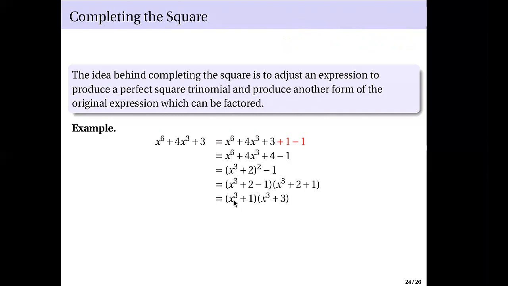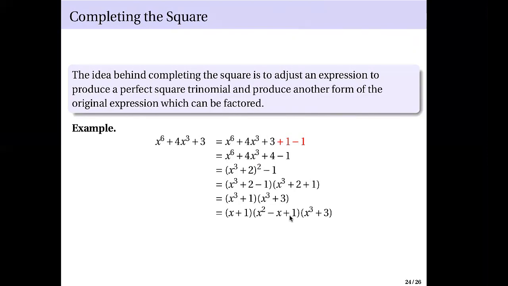Now, if you are familiar with this, x cubed plus 1 is a sum of two cubes, x cubed plus 1 cubed, which means you can still factor this part here. So if you factor x cubed plus 1 cubed, you will end up with x plus 1 times x squared minus x plus 1. So let me write that.